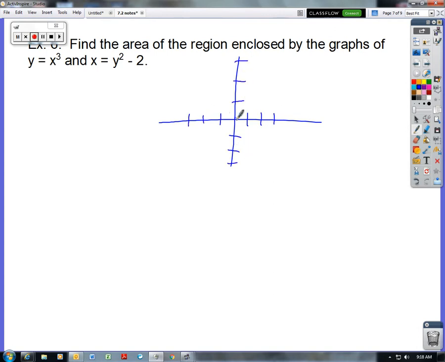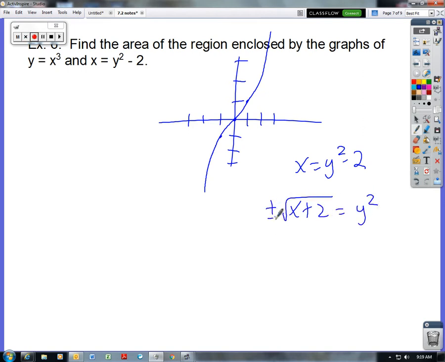So y equals x cubed, and 2, 8 is way up there. And then this is interesting: x equals y squared minus 2. To graph that, we need to solve for y. So x plus 2 equals y squared. Take the square root of both sides. You do need the plus or minus.